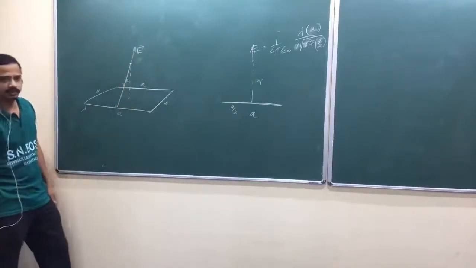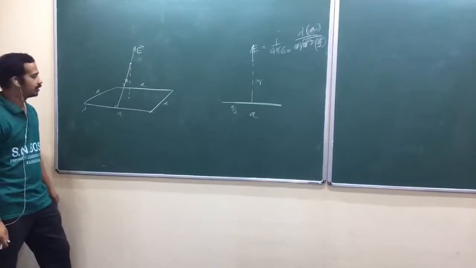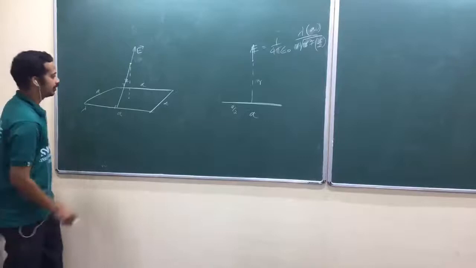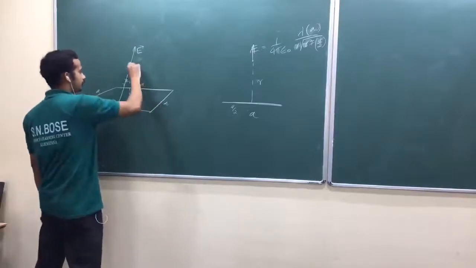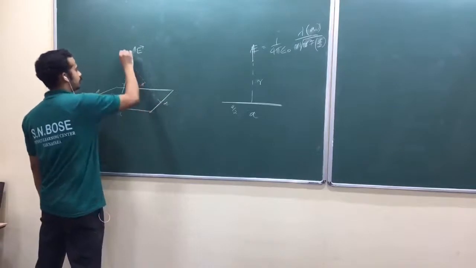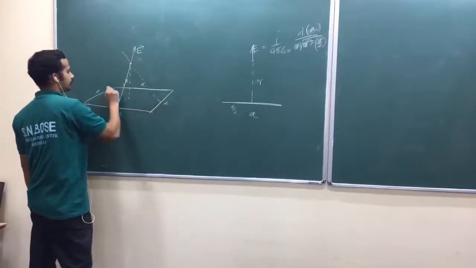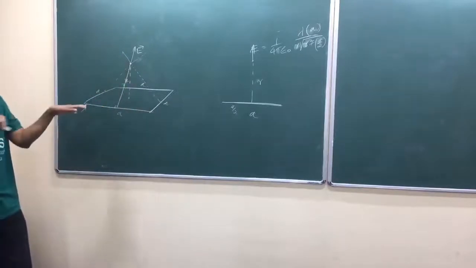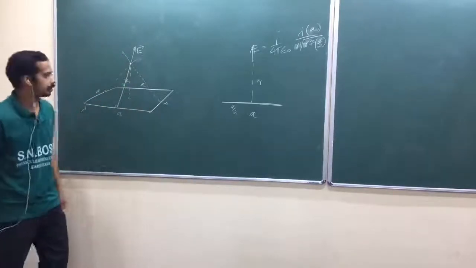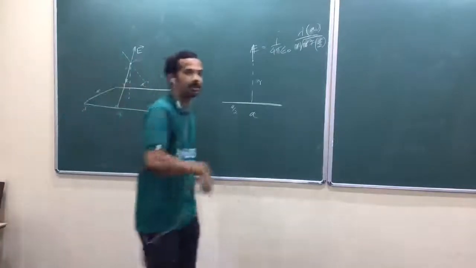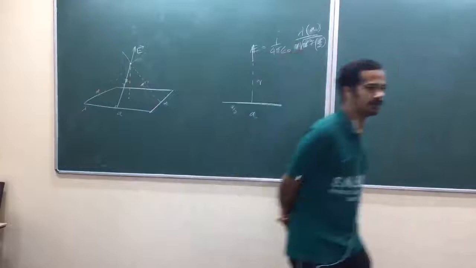Are you getting my point? It's pure 3D imagination. Similarly, due to this one, the electric field is along this direction. Due to this one, along this direction. All horizontal components will get cancelled, because this is the same as this. All vertical components will add up, isn't it?